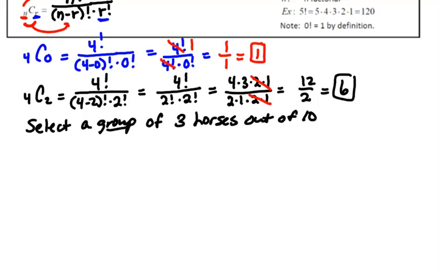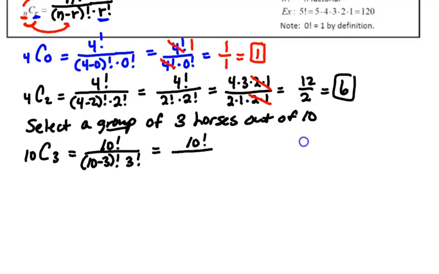So I'm going to say 10 select 3, which is 10 factorial over 10 minus 3 factorial, 3 factorial. So this is 10 factorial over 7 factorial, 3 factorial.